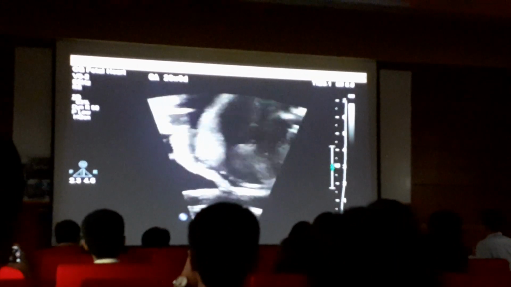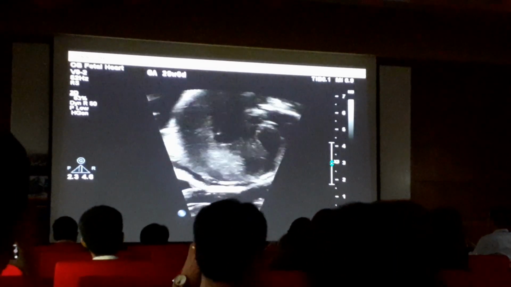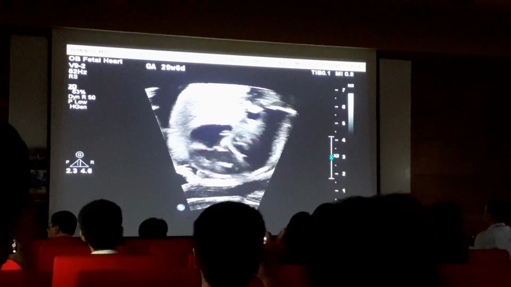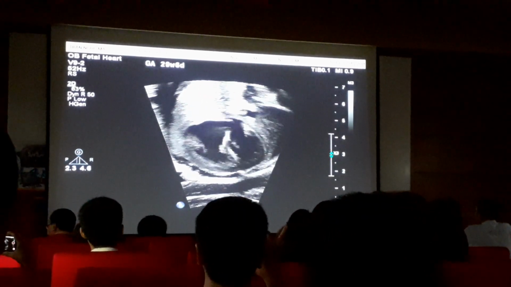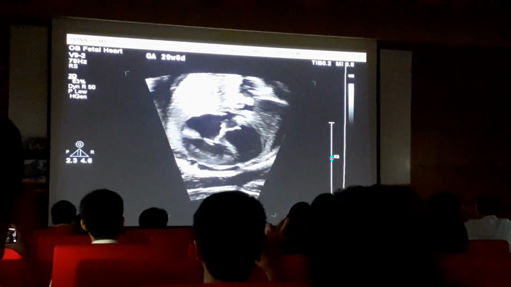So why is there tricuspid valve disease in this patient? Does the fetus have Epstein's? No, the septal leaflet is not displaced.